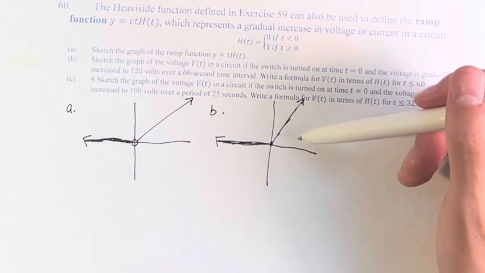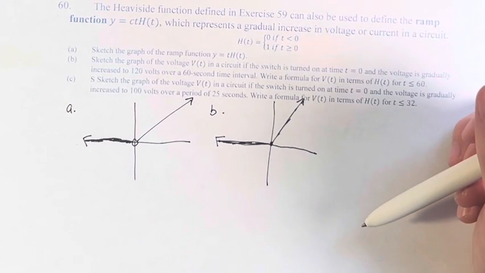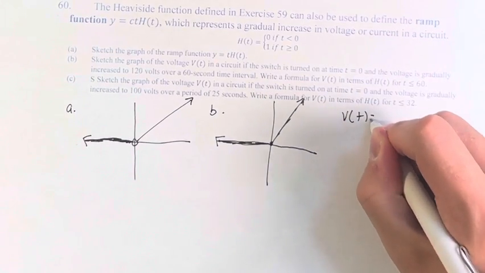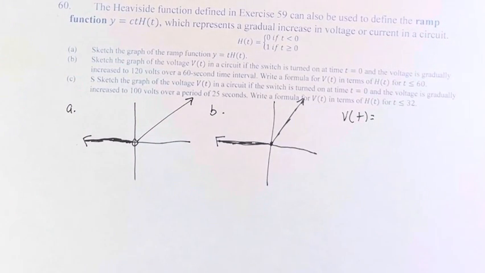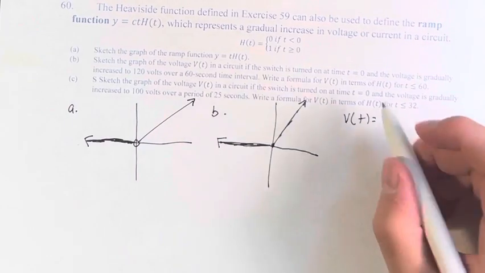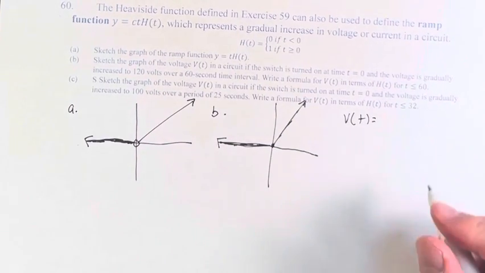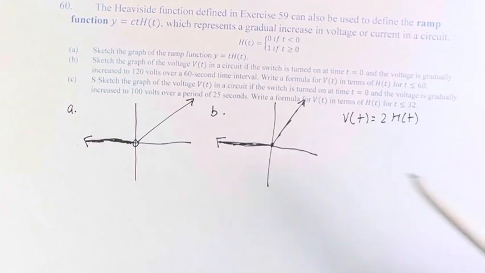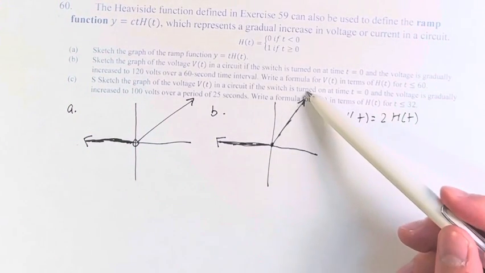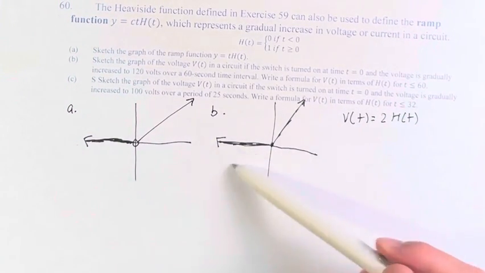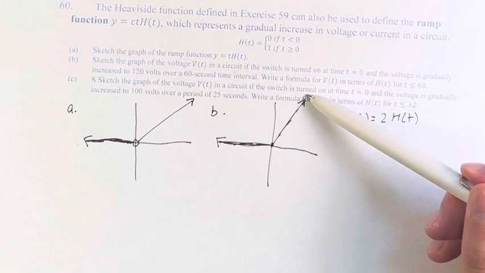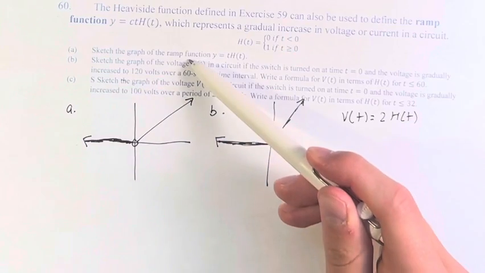This is a vertical stretch by a factor of 2. Therefore, v of t is equal to 2h of t. All the values here are being multiplied by 2, which doesn't do anything on this side because 0 times 2 is just 0. But here it increases twice as fast, which gets you to 120 volts in 60 seconds instead of 60.